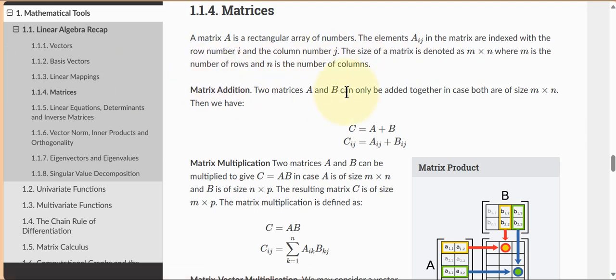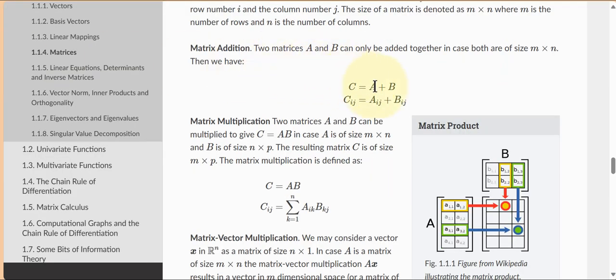And then we have the size of the matrix, and we denote it as m by n, where m is the number of rows and n is the number of columns. And we have an operation of adding two matrices: we take two matrices and we get a new matrix, and in order to add them together, they both have to be of the same size.